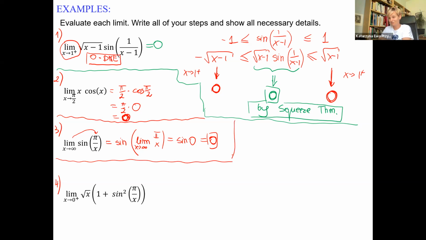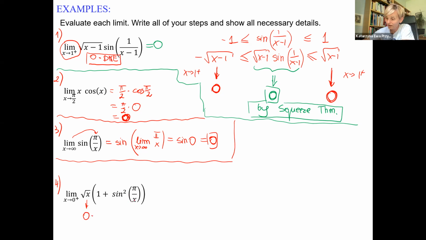I believe we have to use the squeeze. We have options. We can just algebraically manipulate, or we can use the squeeze theorem. But let's say square root of x at 0 is 0.